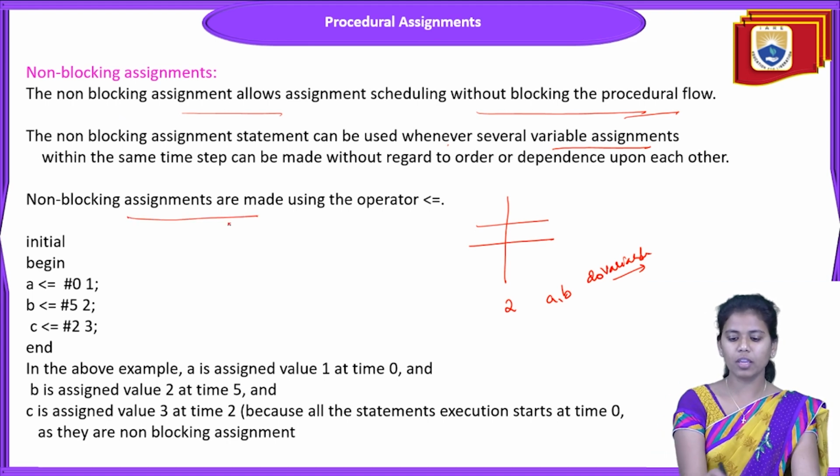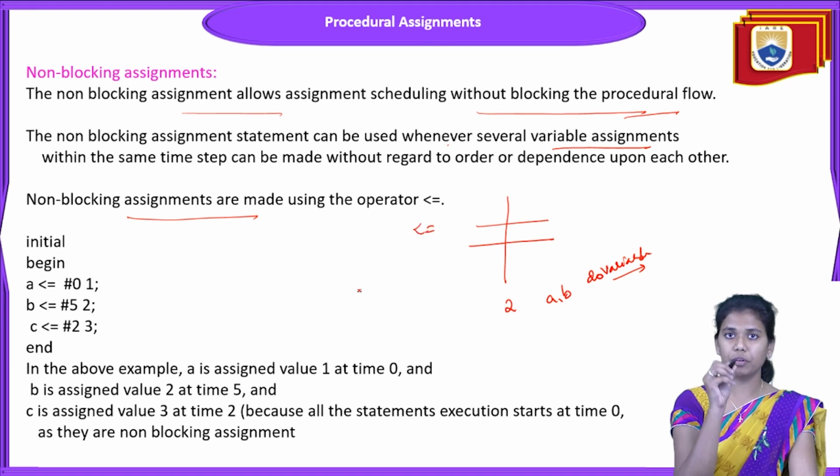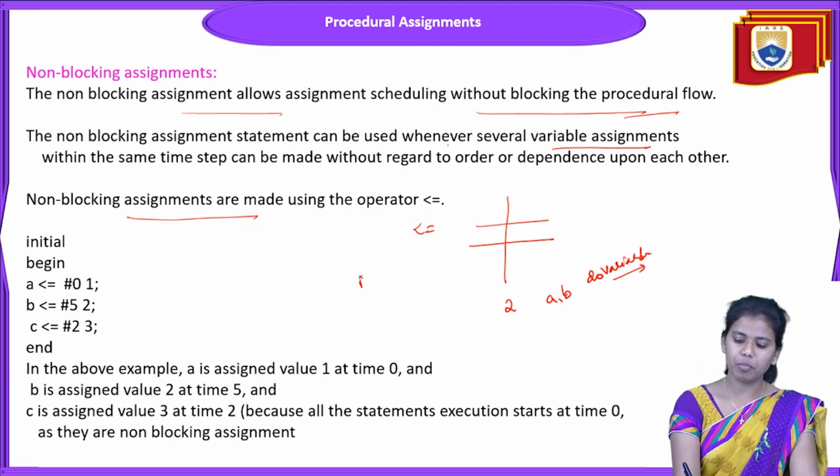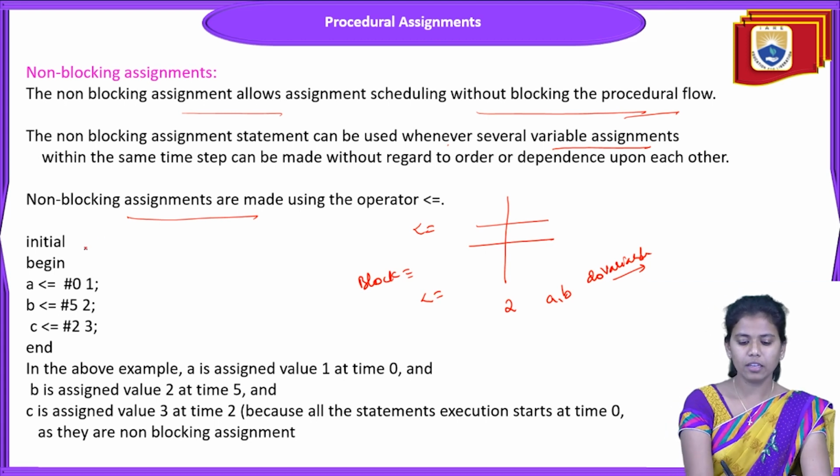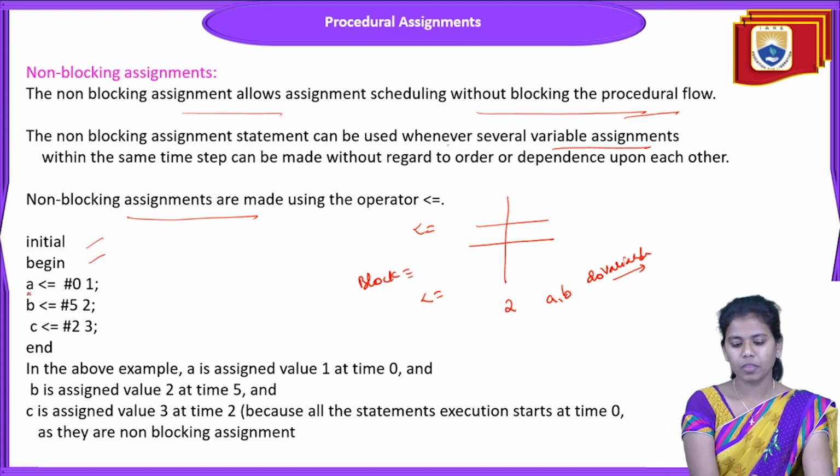Here the non-blocking assignments are made using the operator less than or equals to. So for blocking, the operator used is equals to. For non-blocking, less than or equals to. Here we see initial, begin, and the same.